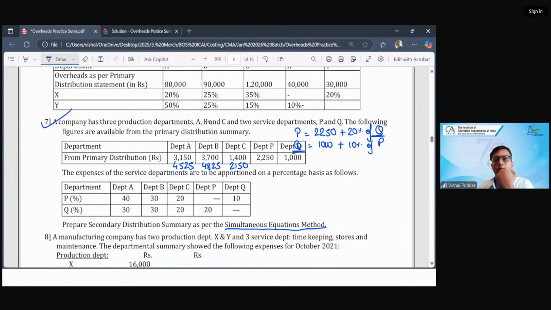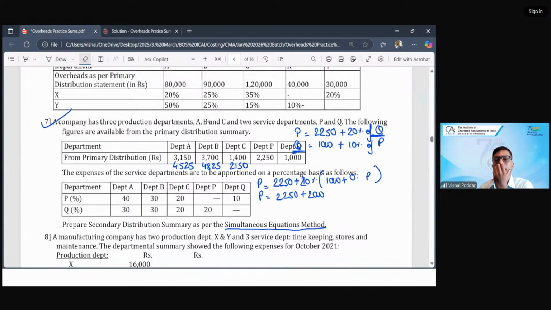I'm solving P: 2250 plus 20% of (1000 plus 0.1 P).